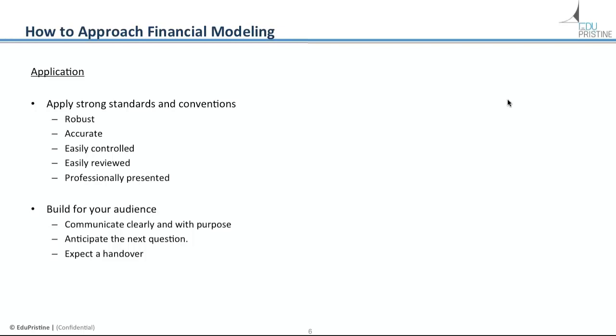It needs to be easily controlled by the end user, because a lot of the time it might not be you that controls this model and provides the analysis and the commentary. You might just be the person who's been asked to build the model, only for it to be handed over to someone else to use.